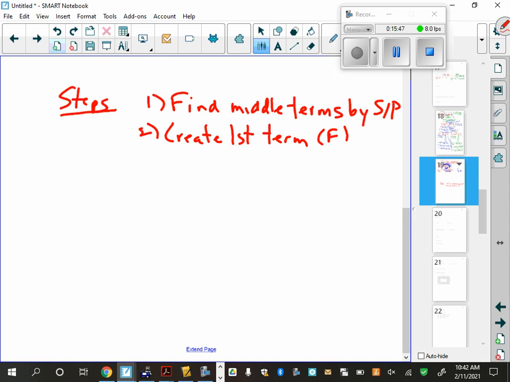That's the F arrow. 3, draw the O and I arrows and create middle terms.